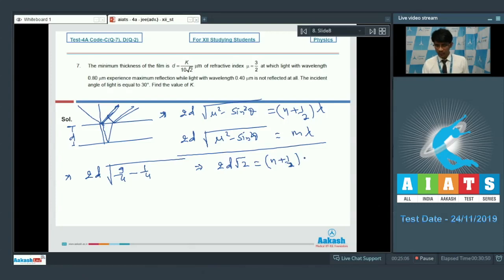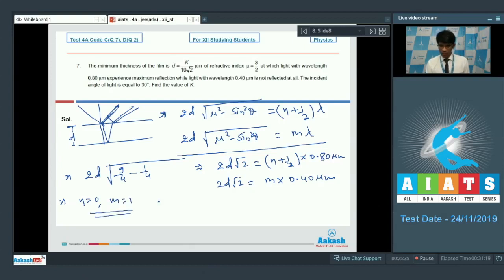Maximum interference is happening for the wavelength of 0.8 micrometer, and 2d root 2 is equal to m into lambda for destructive interference, that is happening for 0.40 micrometer. Just looking at the option, it is very clear that the minimum value of m and n that will satisfy this equation, that is n is equal to 0 and m is equal to 1.